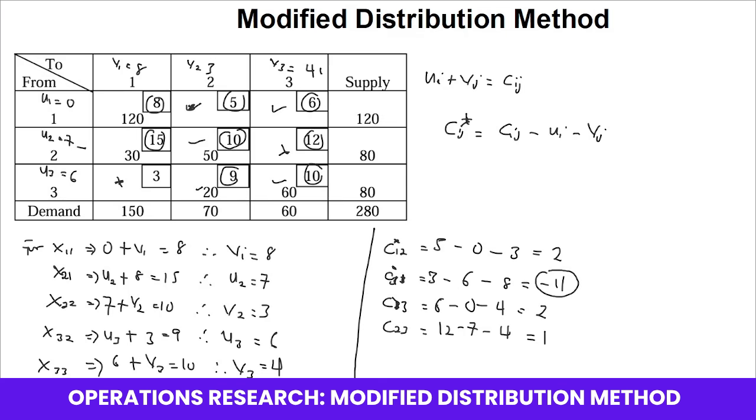The minus 11, in which cell is that? That's the 3 1, C31. So where is C31? We find our C31. Then we draw a closed loop.